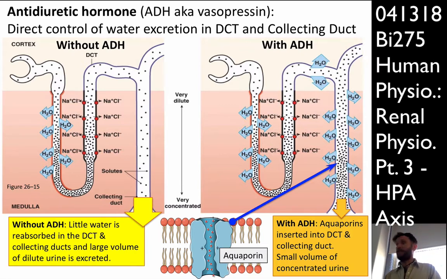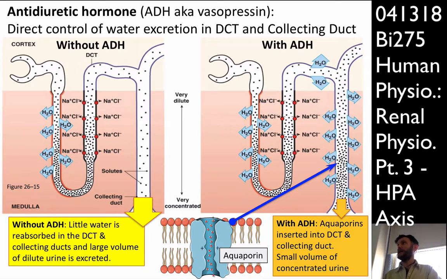So with the presence of ADH, that's going to pull water out of the urine and lead to a smaller volume of darker urine. All right, smaller volume, darker urine. And then if there is no ADH present, there's not going to be significant water resorption at the DCT or the collecting ducts, because we're not getting the signal to put the channels in for the water to come out of the urine into those cells.